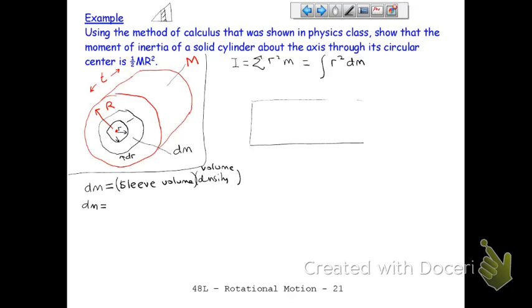If you ever made Swiss rolls, you know what I'm talking about. Cut it, and then unroll it. And basically that dimension there is t. And this dimension here is dr.